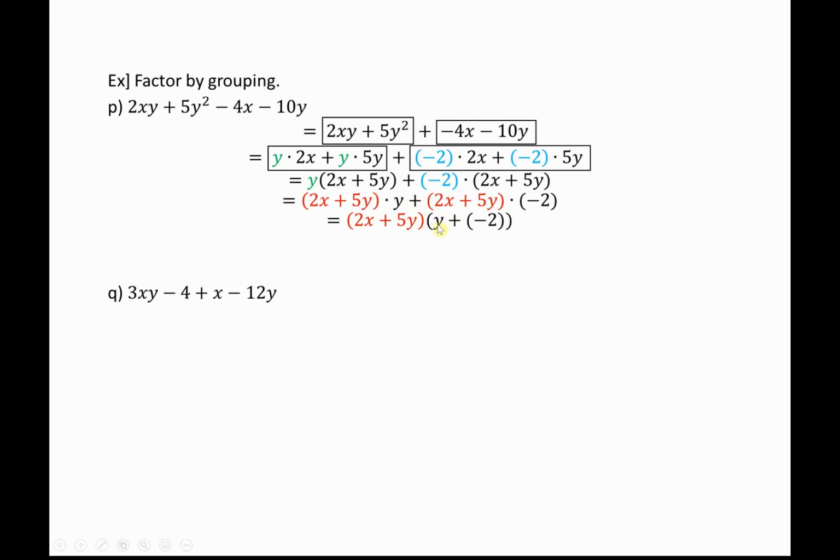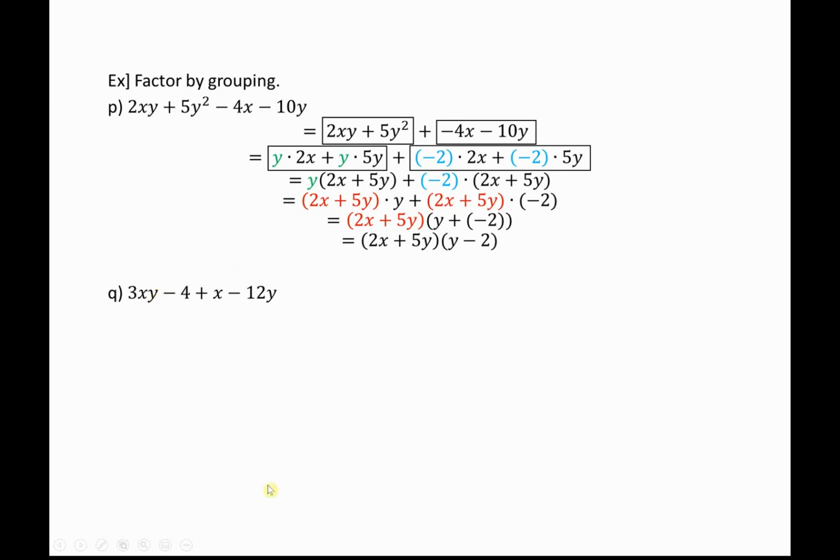Whenever the remaining items become technically y plus negative 2, adding a negative number is equivalent to subtraction, and it's more concise and aesthetically pleasing to rewrite it that way. There are just fewer operations going on. It's more to the point, and it's conventional. So we want to get into the habit of that in writing our final answer. What you see in all black is our final answer associated with that factorization.